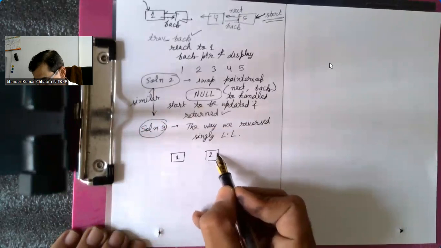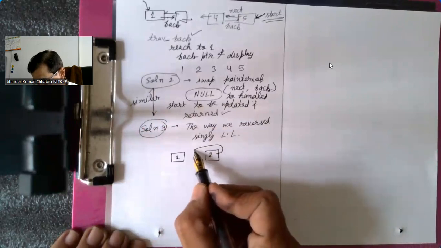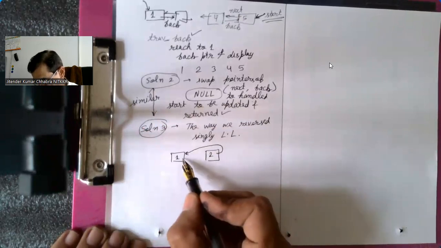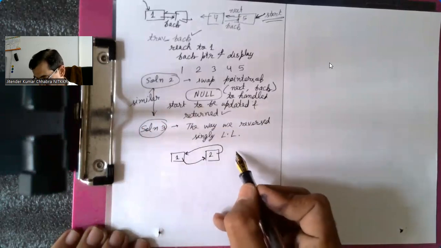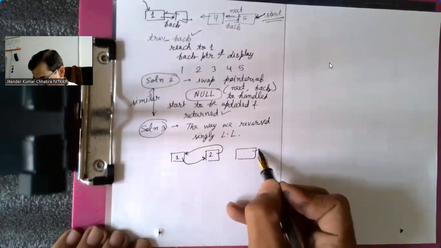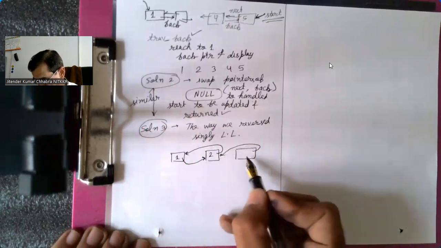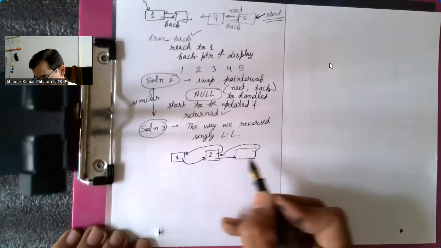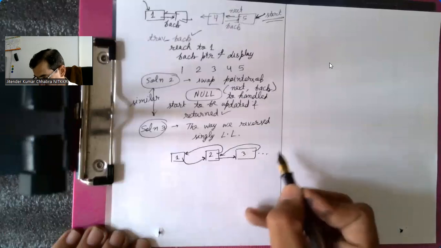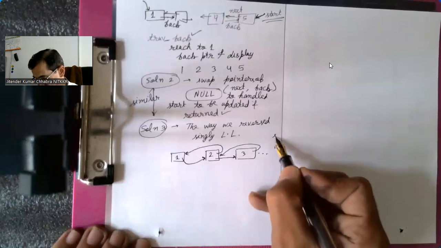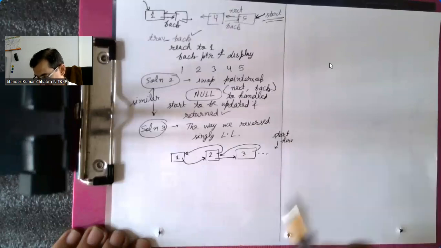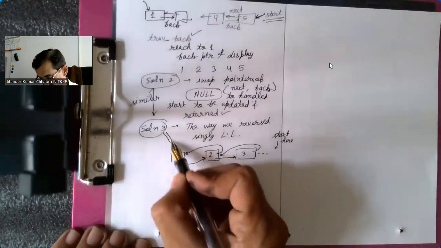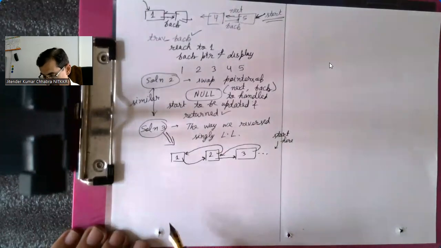So I will say this forward to be linked like this. This next to be linked like this. Come to the next node. Forward pointer to be linked like this. Next to be linked like this. And so on, coming to the final node. So solution 3 means effectively do it like this.